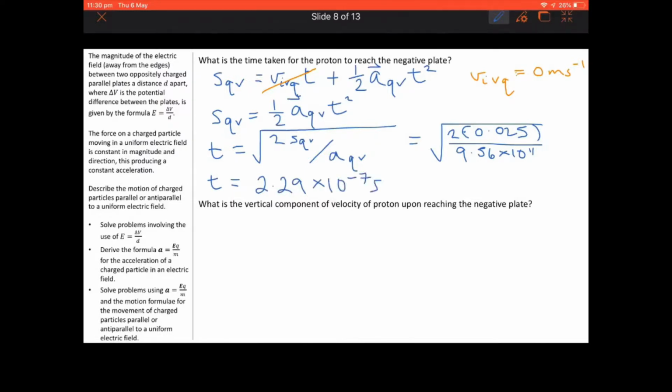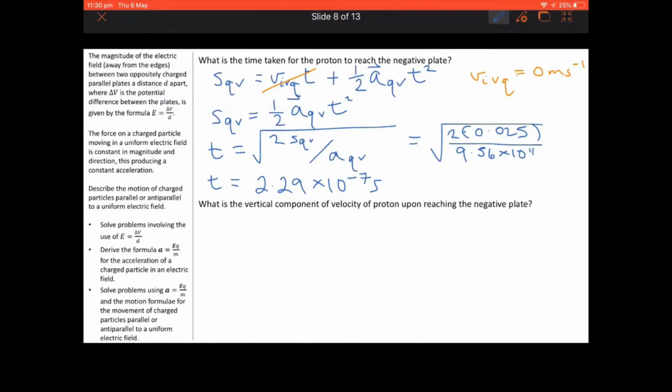So that's how long it's going to take for the proton to reach the negative plate after entering that electric field halfway through, or at a halfway point between the positive and negative plate. Last question for this is we want to find out the vertical component of the velocity of the proton upon reaching the negative plate.